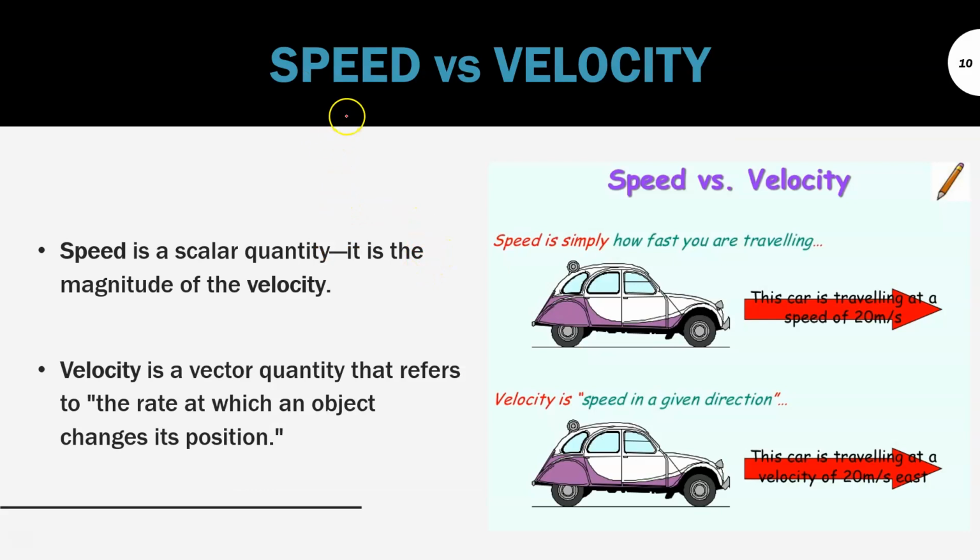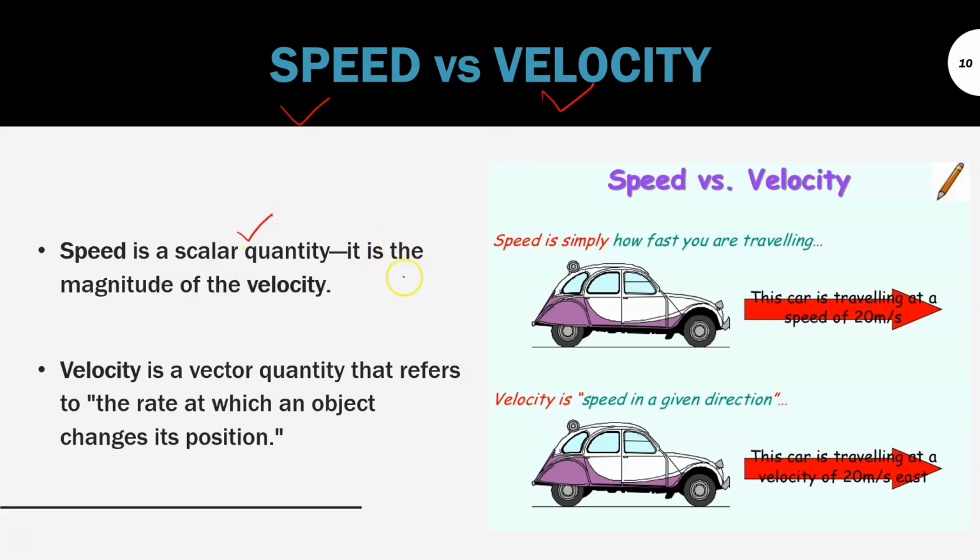Distance versus displacement is not the only pair of quantities that you need to differentiate. Speed and velocity is another pair that you should know the difference between. So speed, similar to distance, is a scalar quantity.